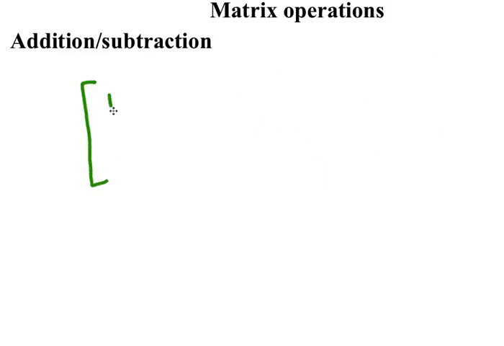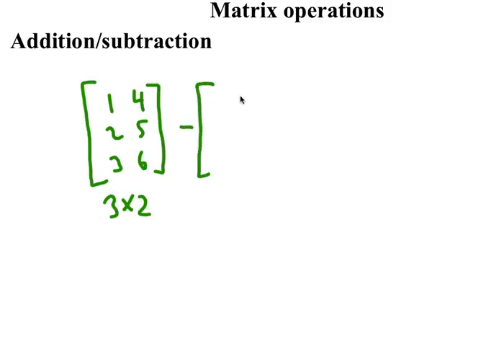Another example might be something like this. If you've got 1, 2, 3, 4, 5, 6, this would be a 3 by 2 matrix, 3 rows, 2 columns, and we wanted to subtract another matrix. They have to be compatible, so this would have to be another 3 by 2 matrix.